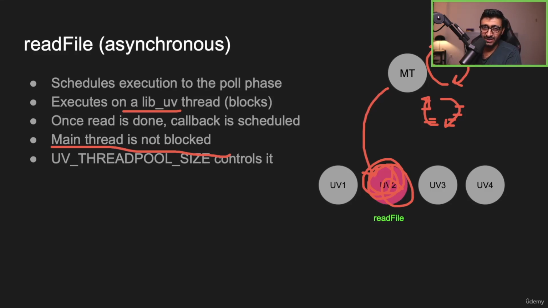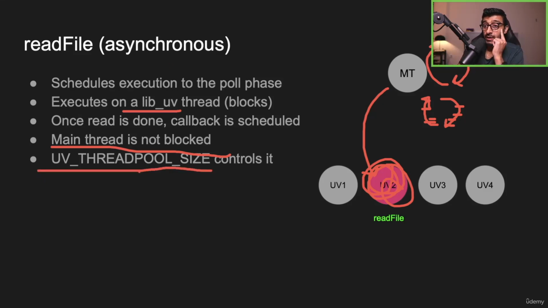You can read files synchronously because it's tiny. Or you can say, no, I'm actually going to read it asynchronously on the poll phase, and when that happens, I'm going to have a callback that sets up the listener. You can do both.